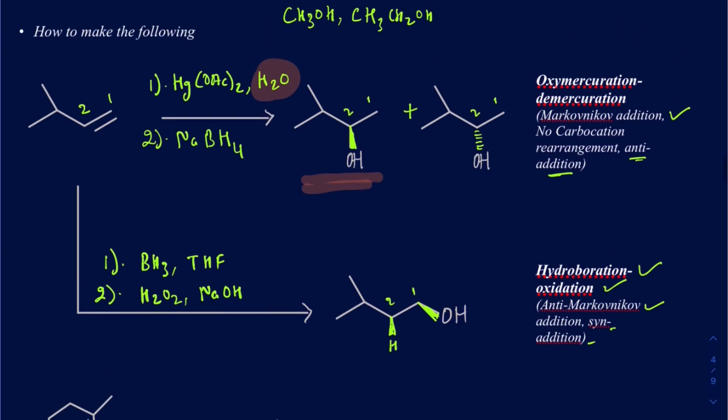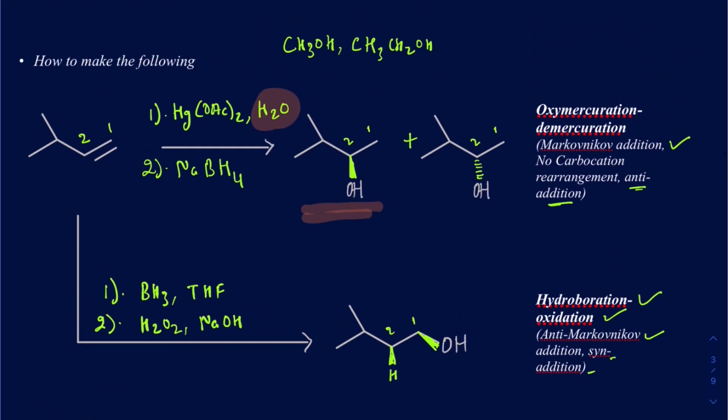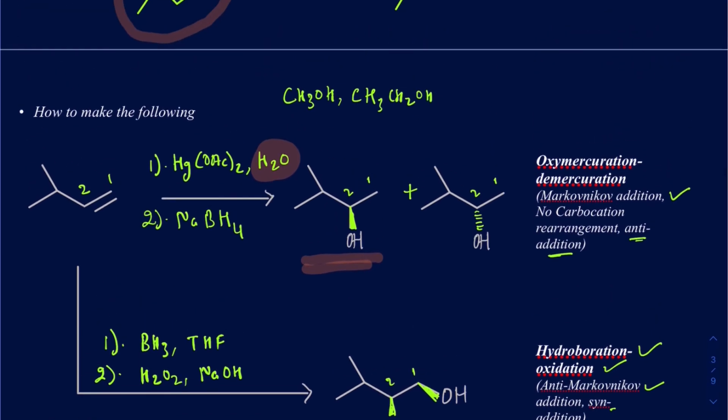Okay, so those are the most important reactions for making alcohols from alkenes. And remember, oxymercuration-demercuration still does Markovnikov addition, but with no carbocation rearrangements. And if you want to make an alcohol that's anti-Markovnikov, you're going to be using hydroboration-oxidation.